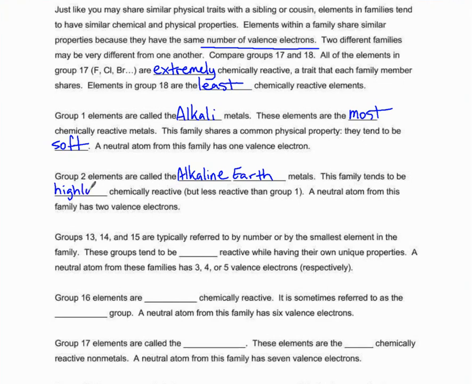I'll say highly chemically reactive, but they're not as reactive as the alkali metals. So the alkali metals, they come in contact with water, they tend to explode or burst into flames or something of that nature. Group 2 elements, they can touch water and not really have an issue. They will react with other things, but they're not as reactive as group 1. A neutral atom from this family has 2 valence electrons.